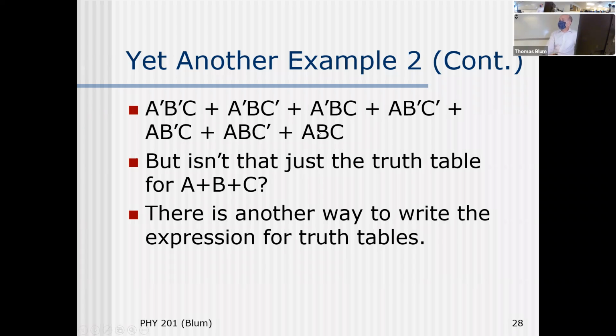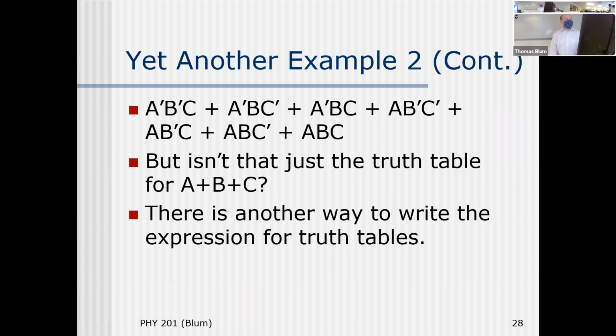There are as many terms as there were ones in the output. But I can also write it as a 3-input OR gate. So this is emphasizing that there's more than one way to write the expression for these truth tables. And we would also, in the long run, like to learn how to pick out the simpler one. So here's a simpler one.